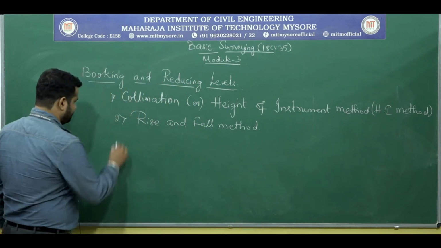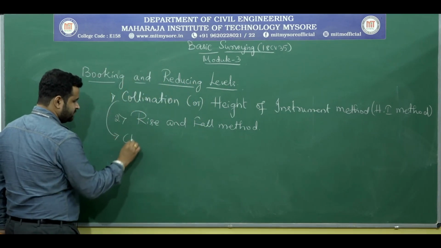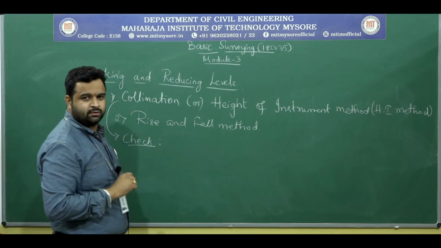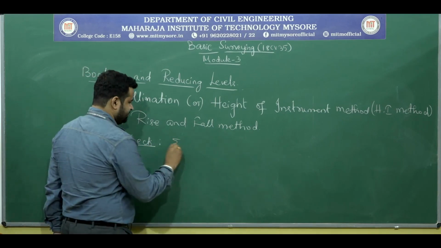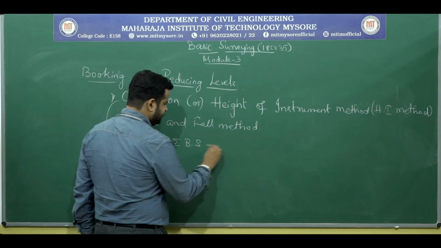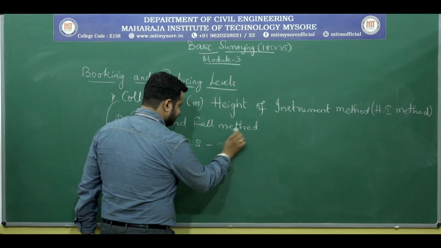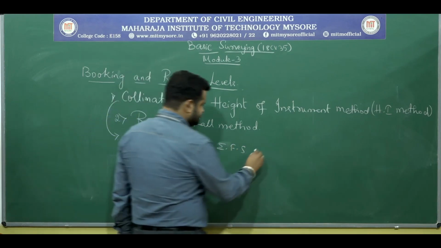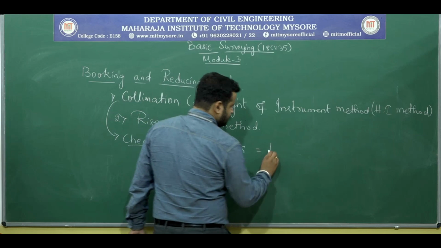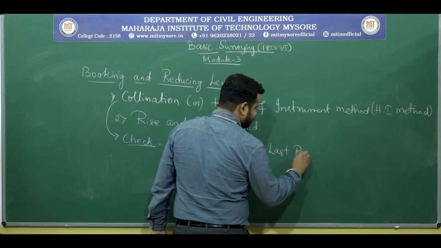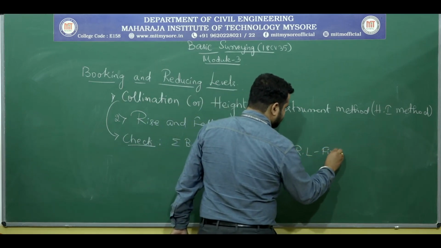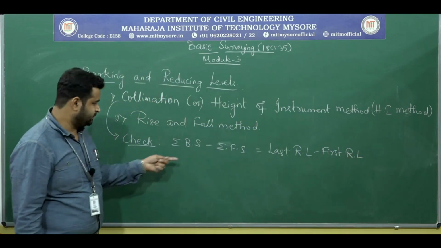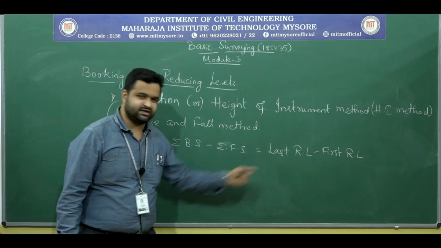So for the HI method, you should check whether the summation of all the backsights minus the summation of foresights is equal to last RL minus first RL.